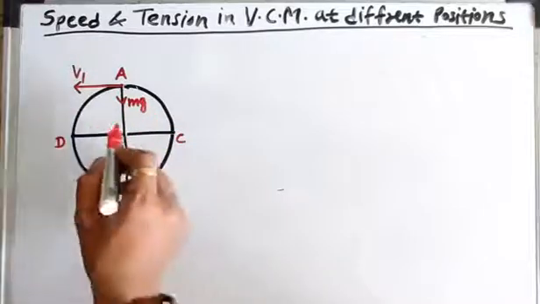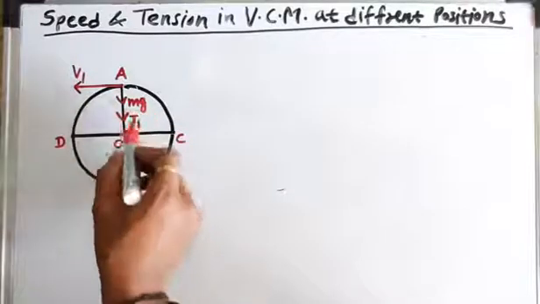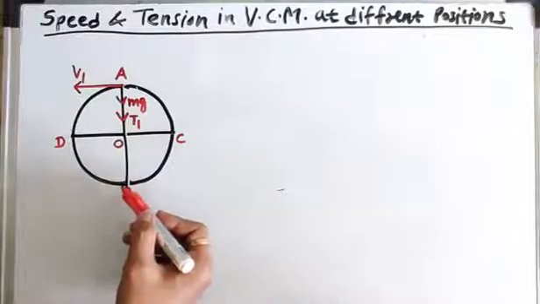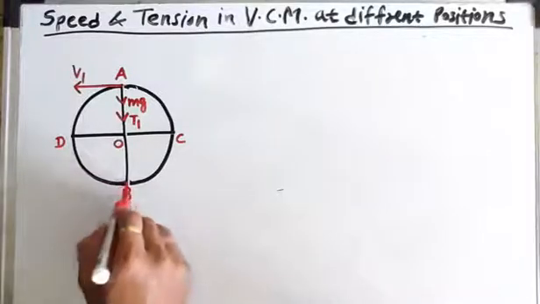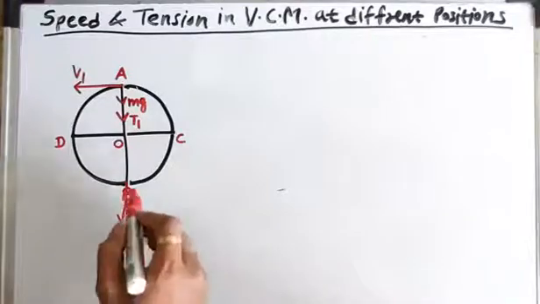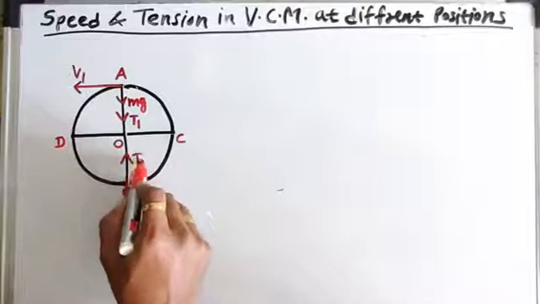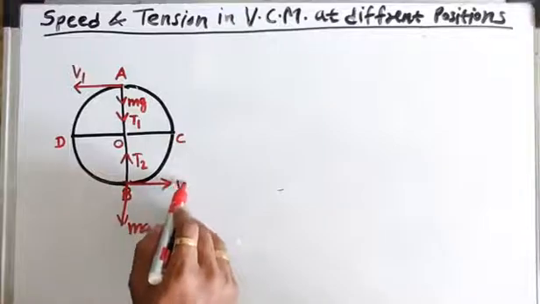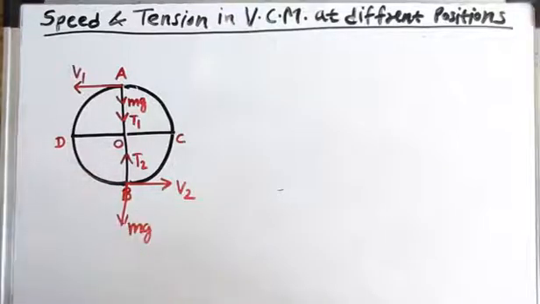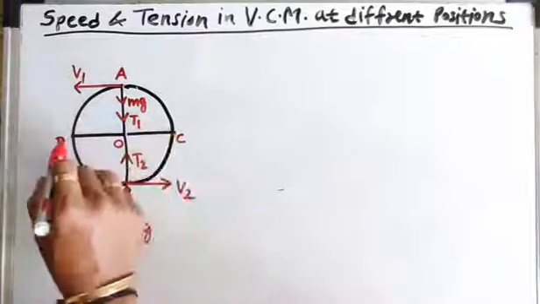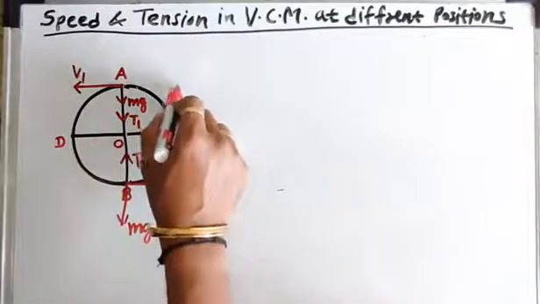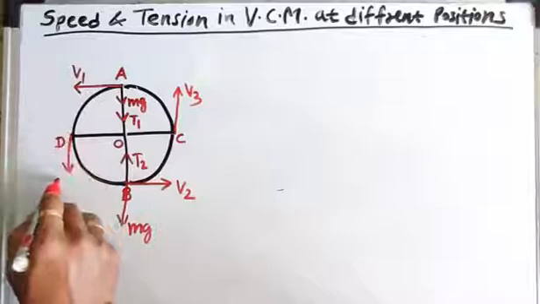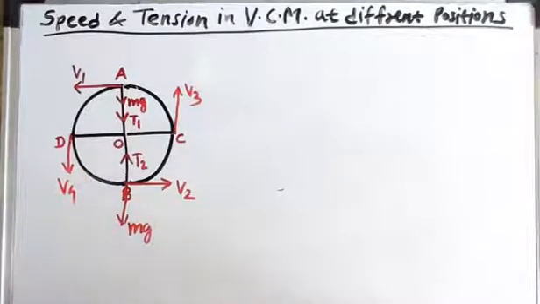Let T1 be the tension in the string at point A. When the particle is at the lowest position, point B, the weight mg acts vertically downward and the tension in the string, say T2, is towards the center of this circular path, and let V2 be the linear speed at point B. Similarly, consider V3 the linear speed at position C and V4 the linear speed at position D.